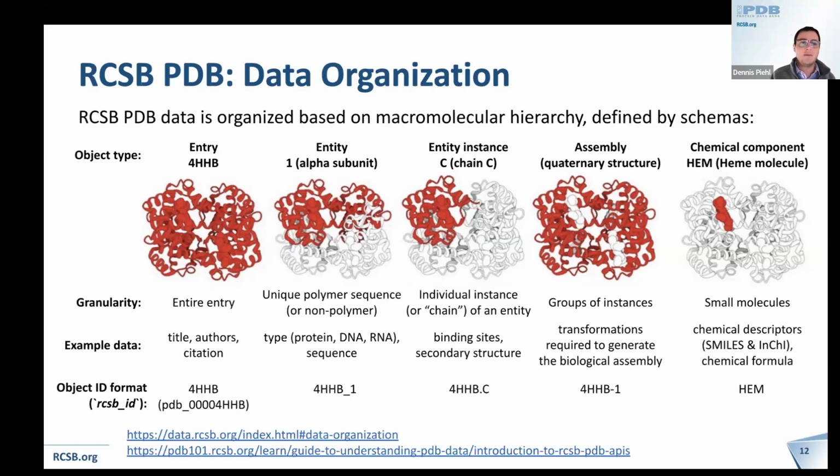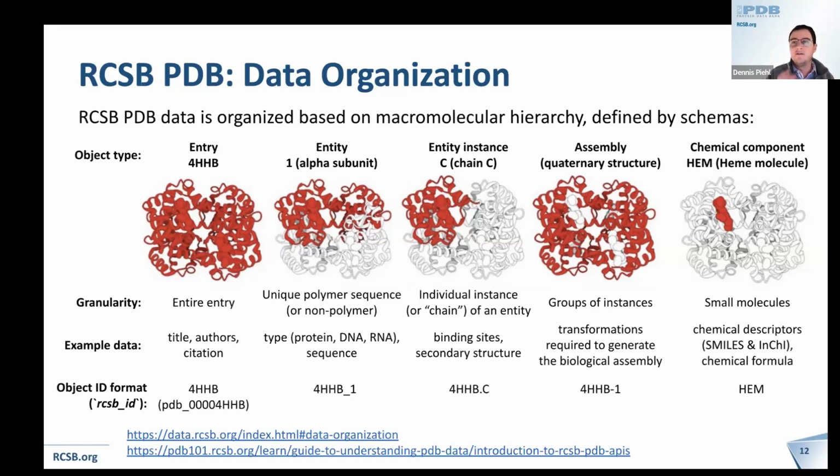So at RCSB PDB, data is organized based off the hierarchy of macromolecular structure, which is shown here. At the very top level, we have an entry, which contains everything within a single structure. And within an entry, you can have one or more entities or unique polymer sequences or unique non-polymers. For every entity, you can have one or more entity instances or chains of that entity.